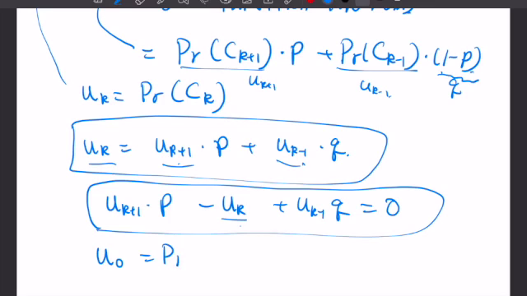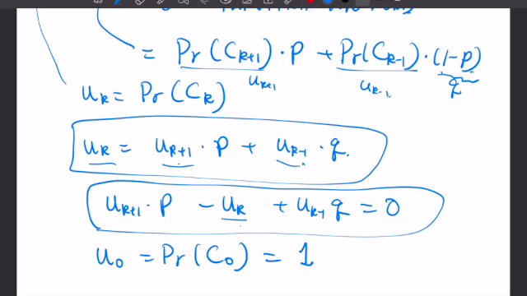That is the probability of ruin starting from $0. That means Alice is already broke before even playing the first game. So this will be probability 1, because Alice is already ruined for sure.